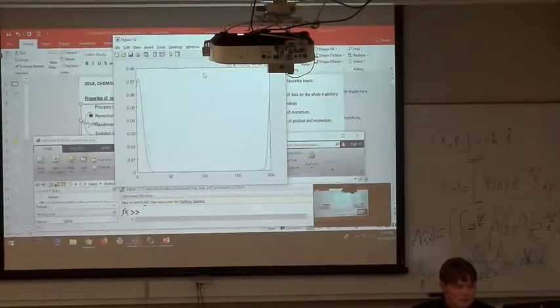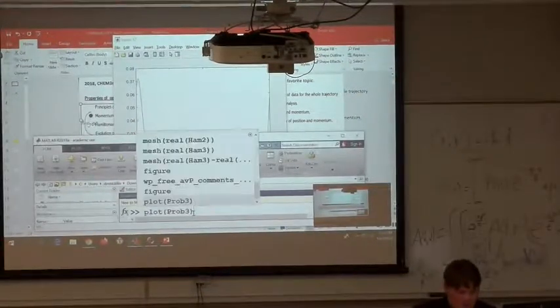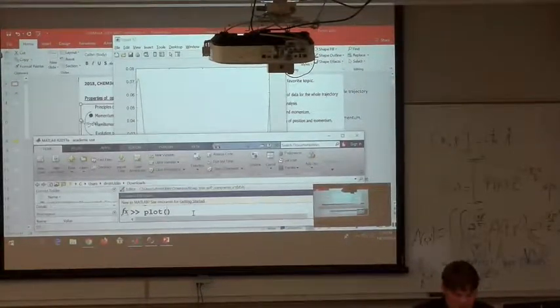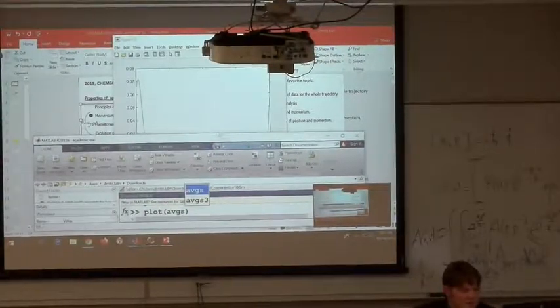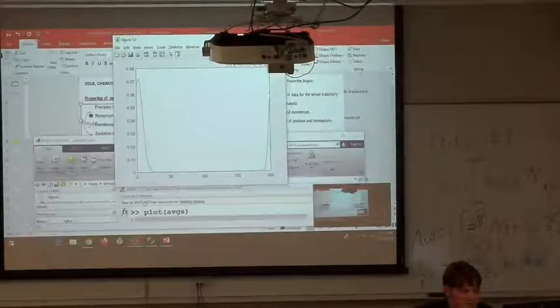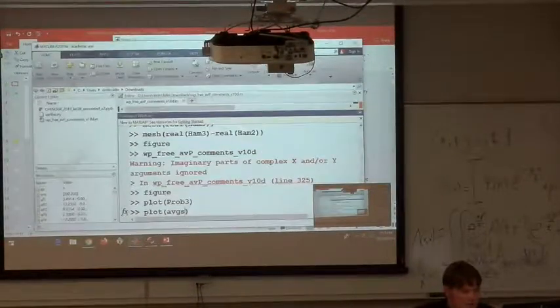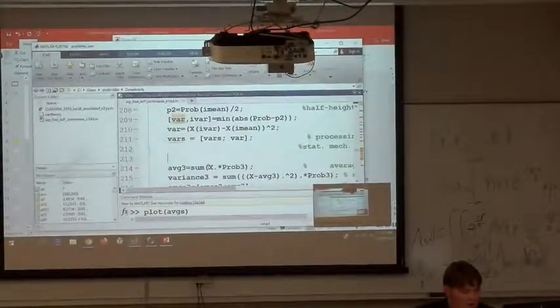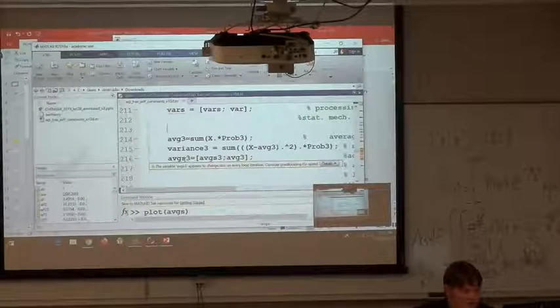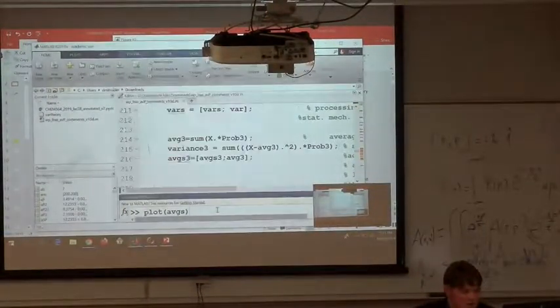So it's a probability distribution at the end of the simulation. Plot, what was the name of this variable? AVGS3. Okay.